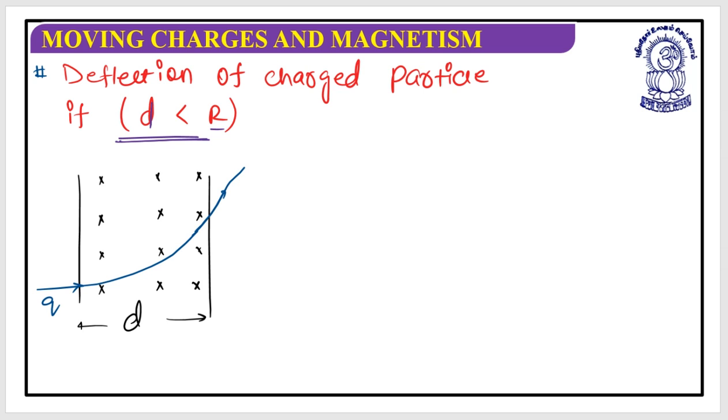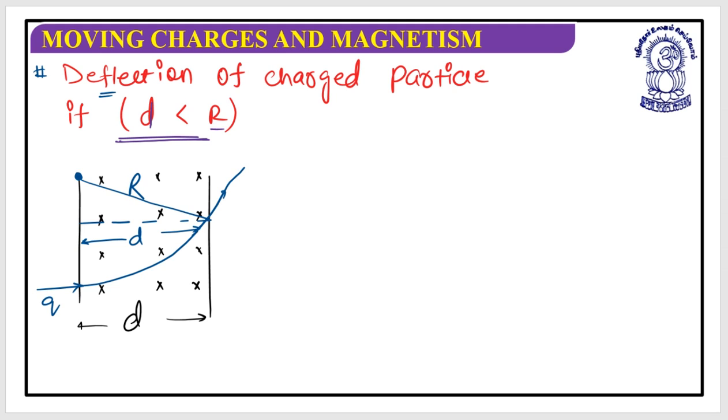So what you need to understand is that this would be the radius r of the charged particle, and let's make a horizontal reference. This is the D.